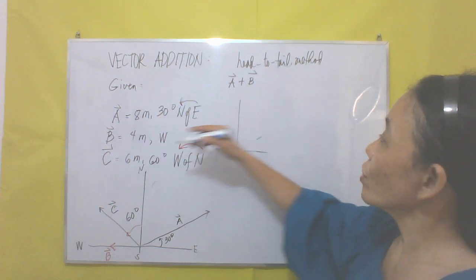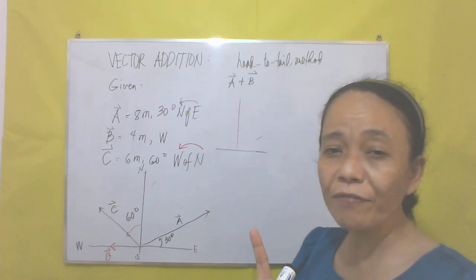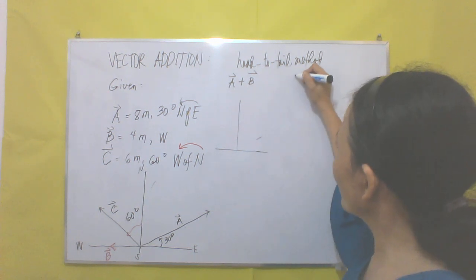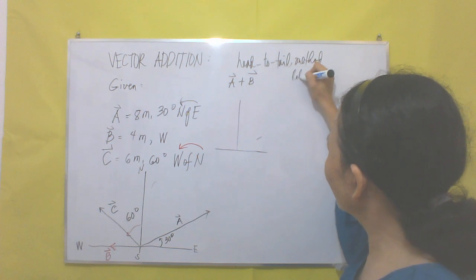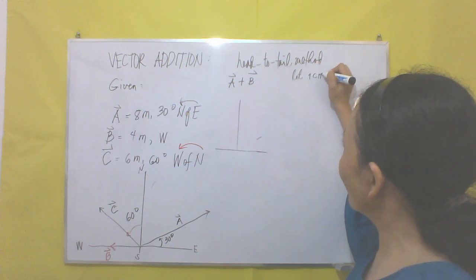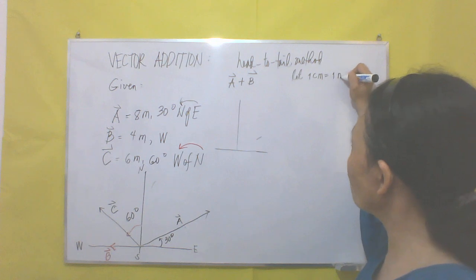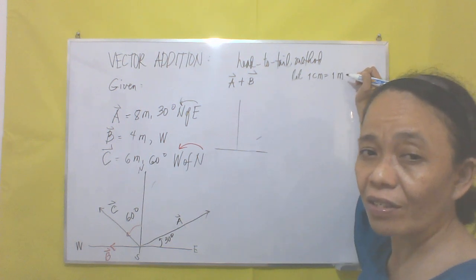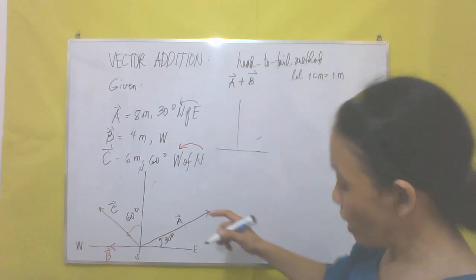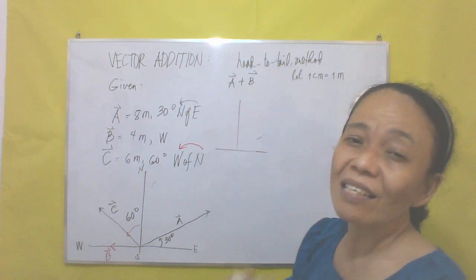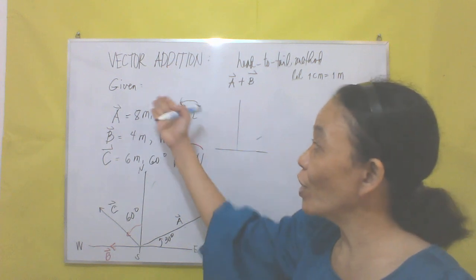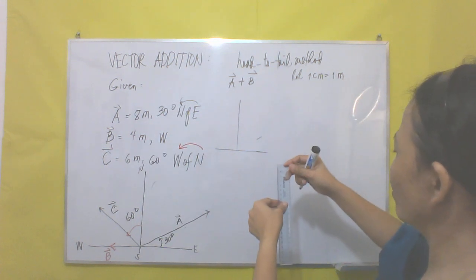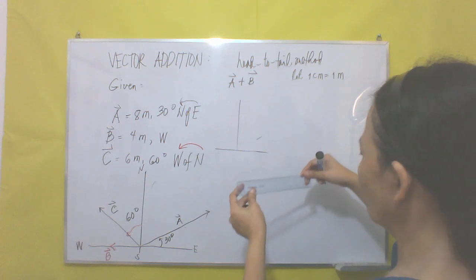Next, draw a line 8 meters. In here you have to make an assumption. Let 1 cm be equal to 1 meter. Therefore, you're going to measure 8 centimeters for 8 meters.